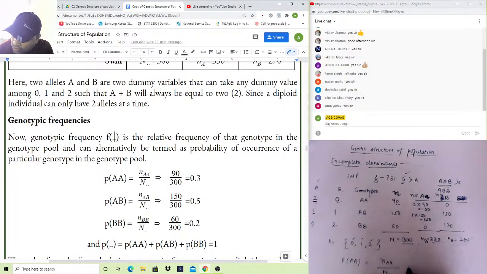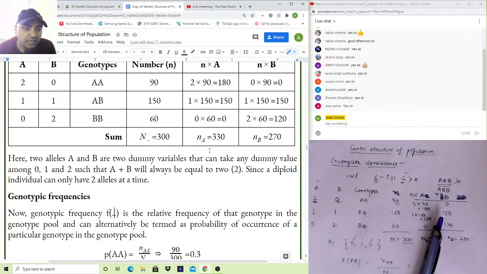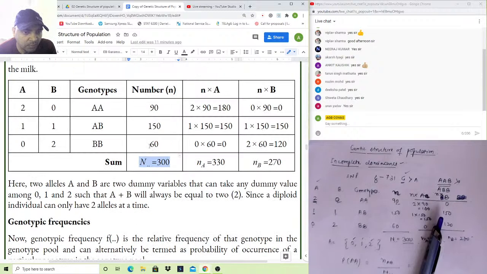Okay, so this is your genotypic pool, because this is the total number of genotypes added up. These are the total number of genotypes available in the population, and this is your gene pool, that is, the total number of genes or alleles available in the population.